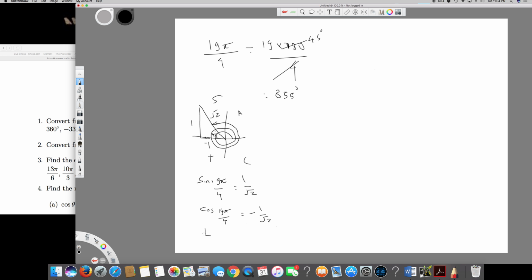Negative 1. And sec is the reciprocal of cos, therefore negative root 2, and cosec is the reciprocal of sine, therefore root 2, and cot is the reciprocal of tan, therefore negative 1.